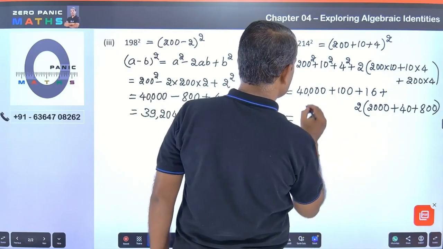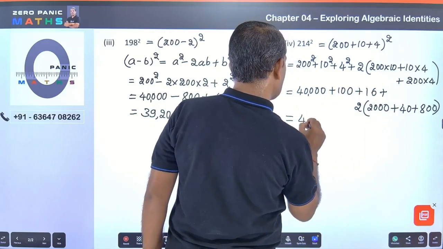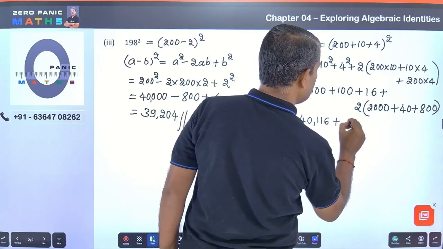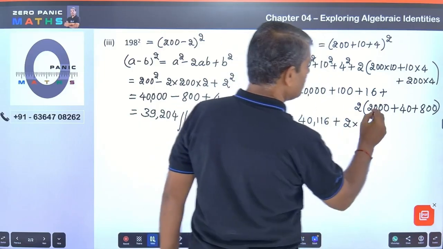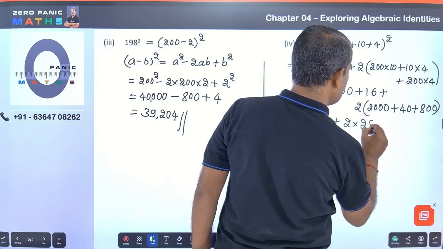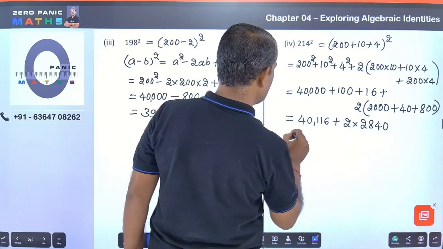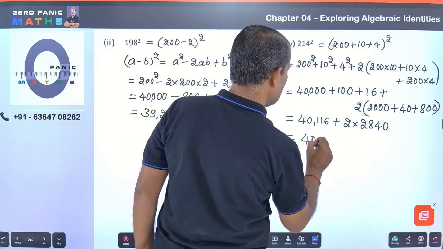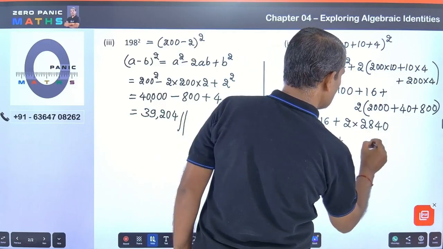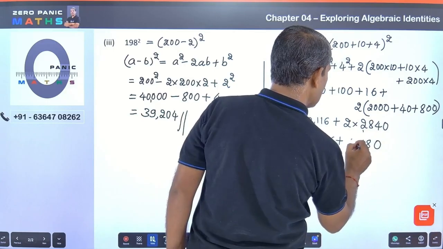First sum up these things, that will be 40,116. And 2 times of whatever sum that you get inside, 2,800 and 40, that is 2,840. So 2 times of 2,840, you can sum up: 40,116 plus 2 zeros are 0, 2 fours are 8, 2 eights are 16, 1 carry, 2 twos are 4 and 5.